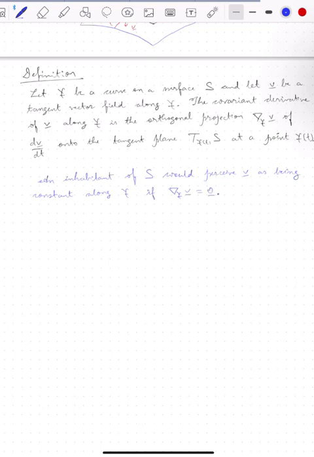And so in this case V vector is sometimes said to be covariant constant, right?